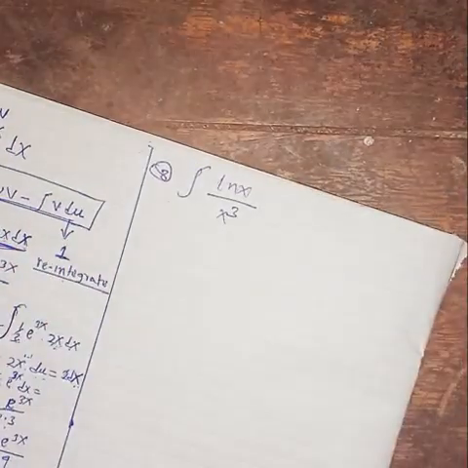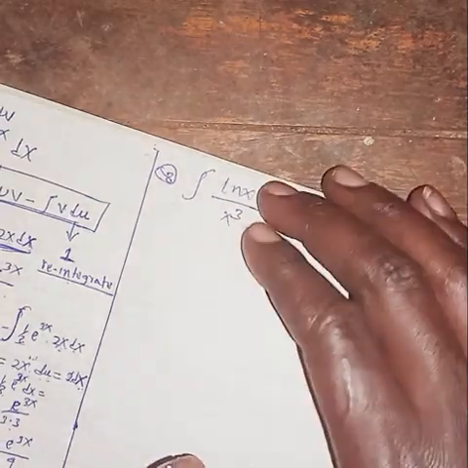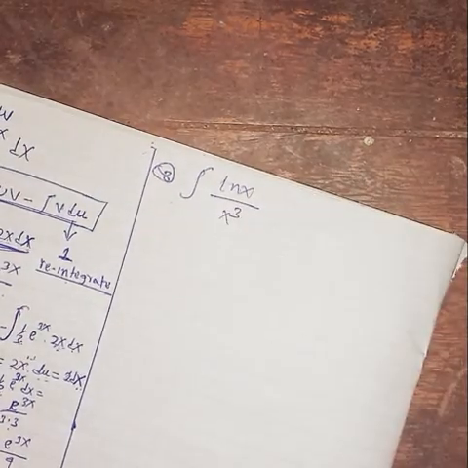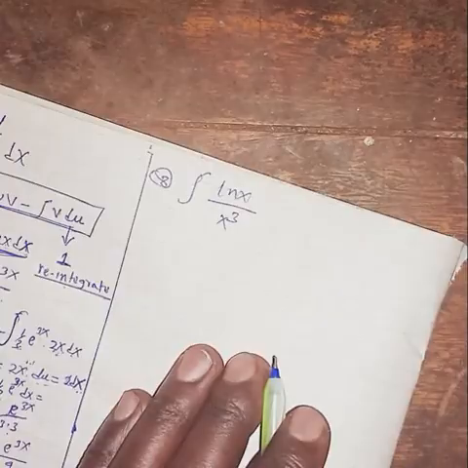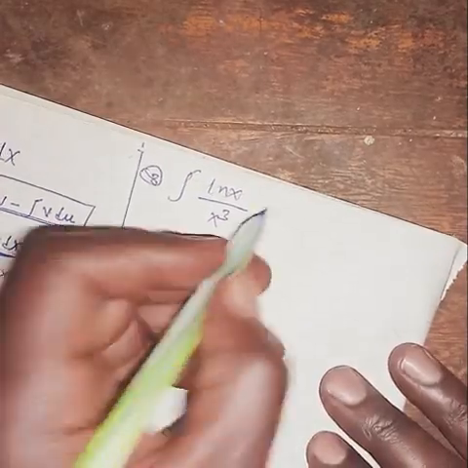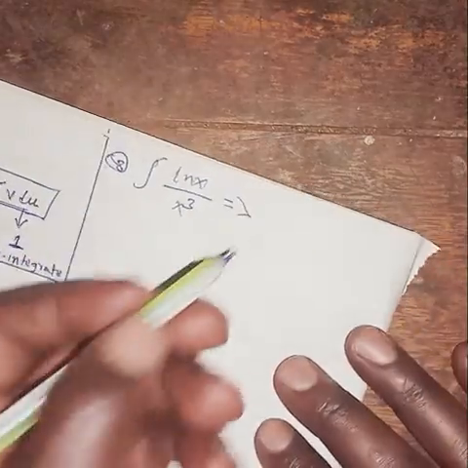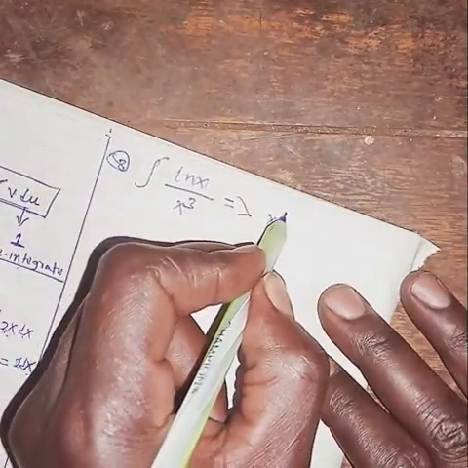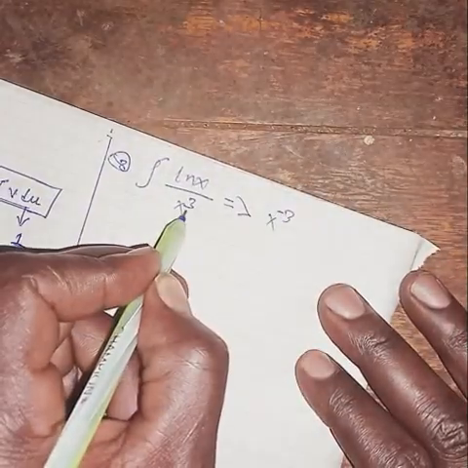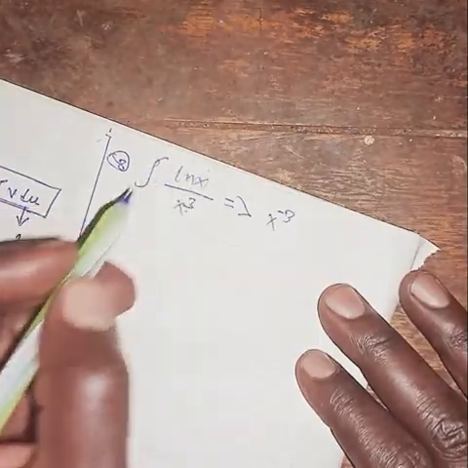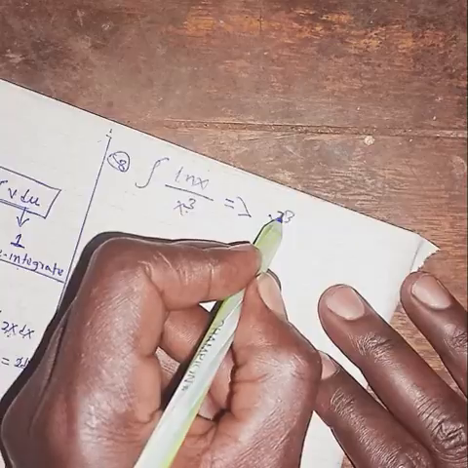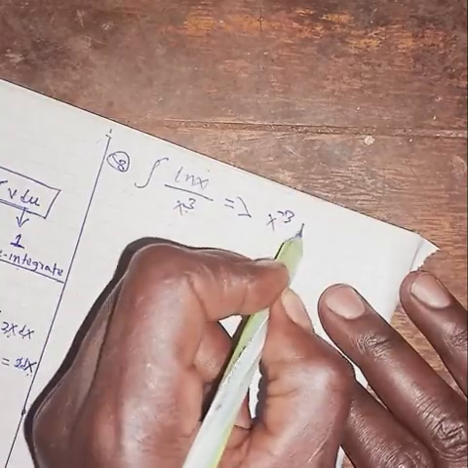This question has 2 parts. But first, let us rearrange it to be in an order form. This is just equivalent to x to the power of minus 3. So when you bring this x cube to the numerator, the sign of the power will change. Ln x.